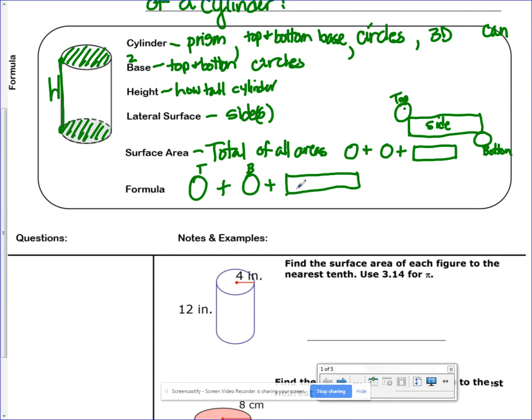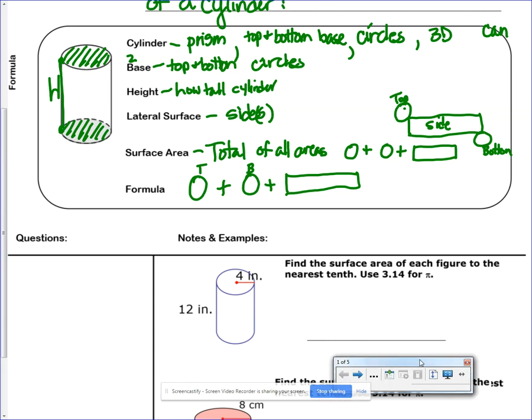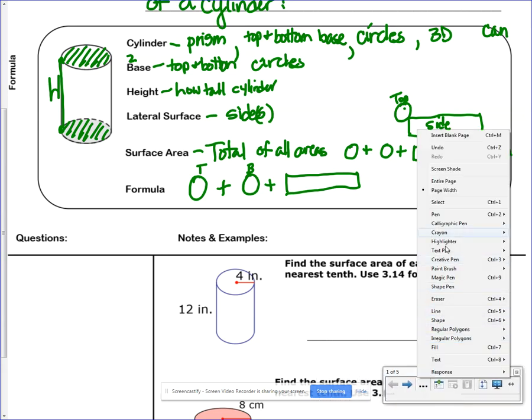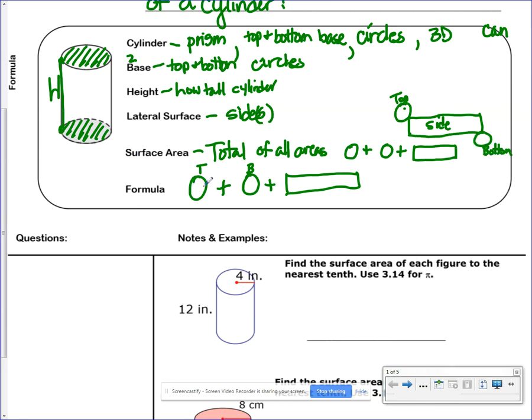Leave some room under here because we need to add some information about how I find all of these parts. This is a circle, and I want to find the area of the circle, so you know that means we take pi times radius times radius, pi r squared.